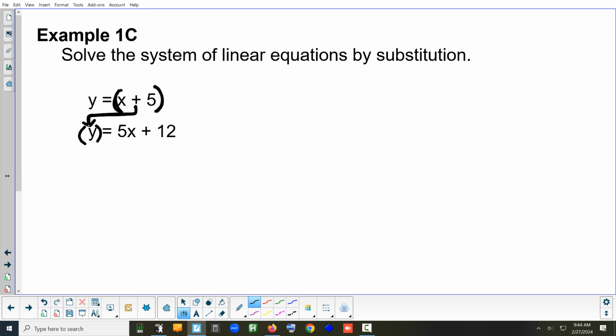So when I do that, what am I changing this y to right here? X plus 5. Yep. So x plus 5 equals, and then what's on the other side? 5x plus 12. Yep, 5x plus 12. Now there's no parentheses, so there is no distributive property. So what's the first thing that I could do in terms of adding or subtracting?